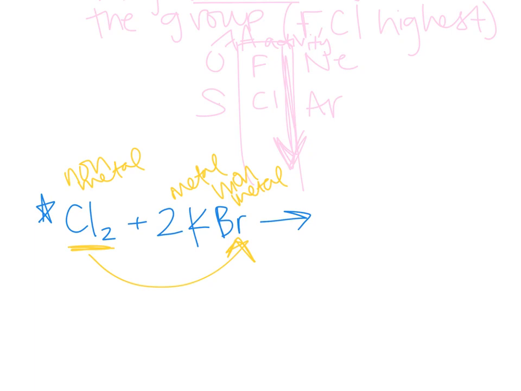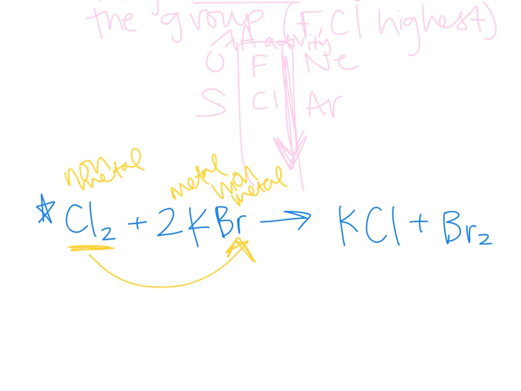So then this reaction would yield potassium chloride now plus Br2. Okay, and let's double check that our reaction is balanced. So we have 2 chlorines right here. And how many chlorines do we have right here? 1.